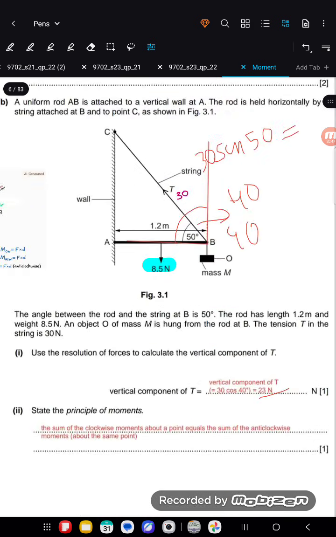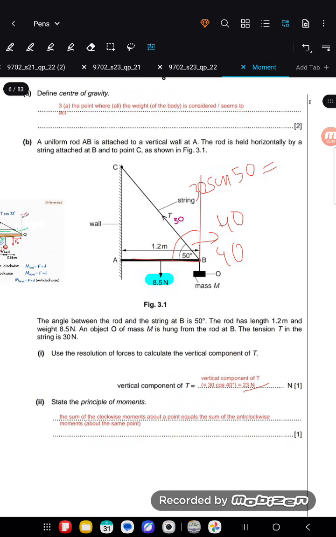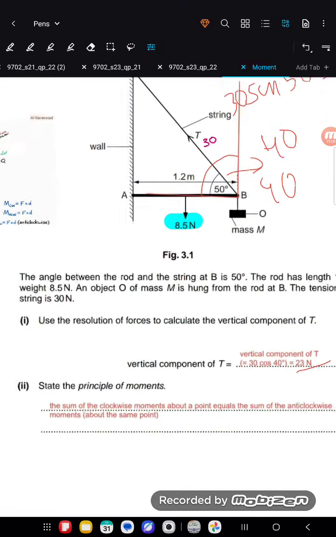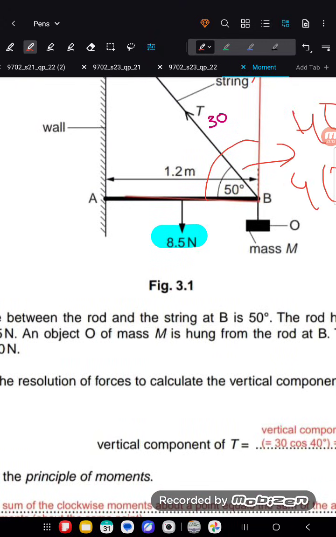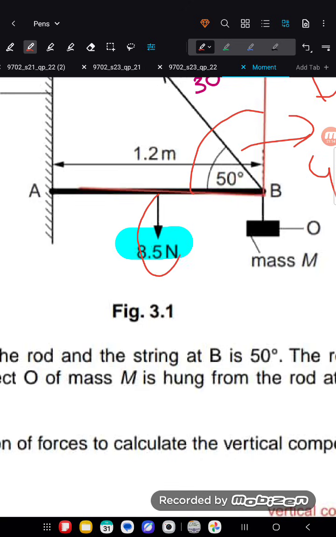So for the distance 0.60, this you have to find. The full beam is 1.2, so what will be the distance of this 8.5 weight? You see, this distance they never give, so they hang one weight at the middle of the beam.